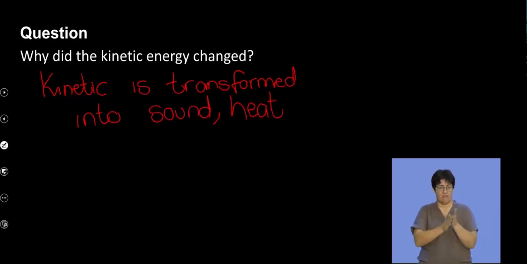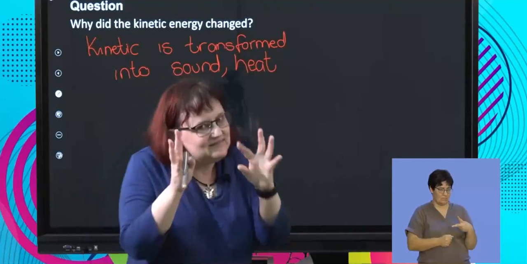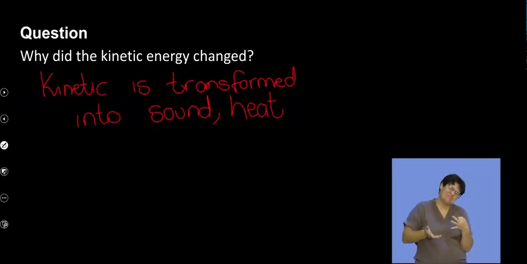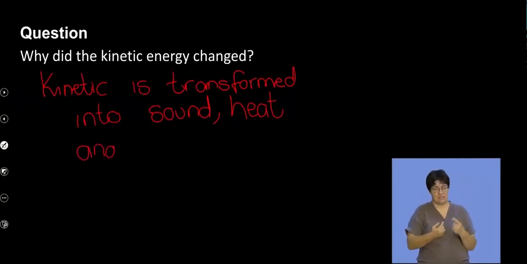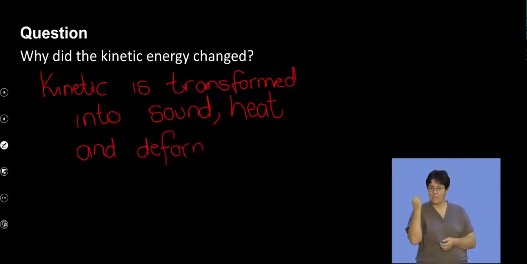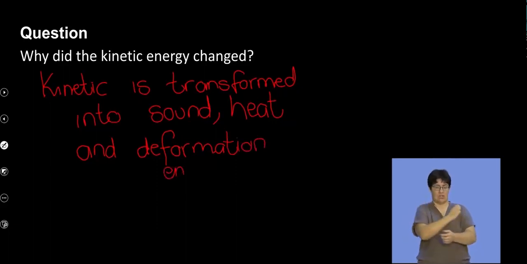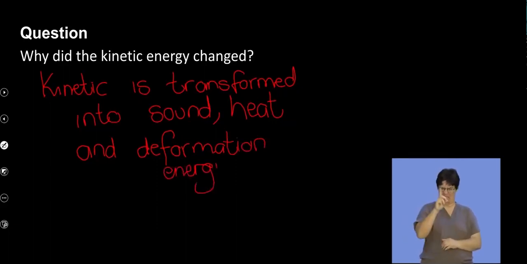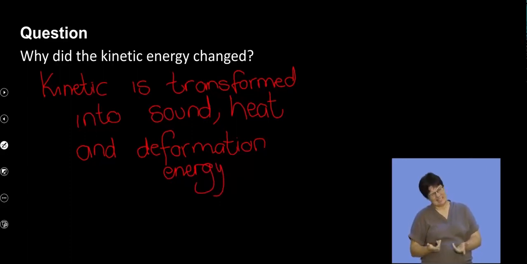friction. Definitely those two. Plus, now the third one is a little bit different, and it can be transferred into what we call deformation energy. This is a new one, okay, and this one's a hard one. No matter how hard the objects are, let me just put this down.